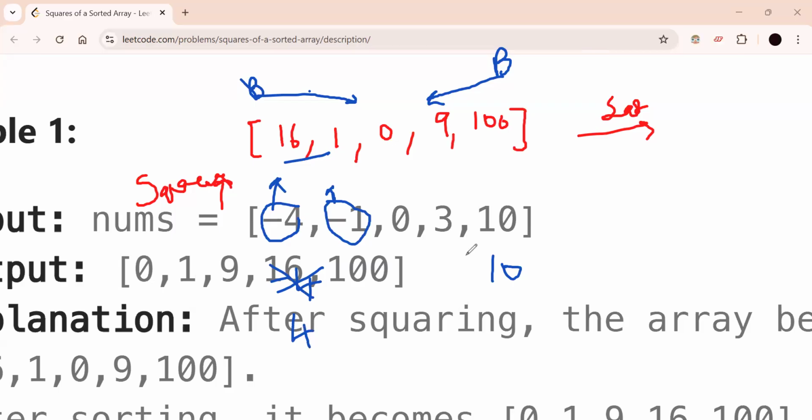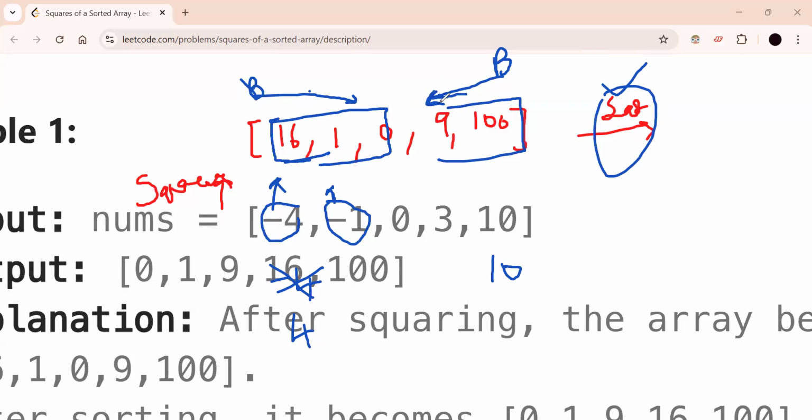So when you sort them, here we are sorting in a very simple, straightforward way. Instead of sorting, if you observe here, the elements go from big to small, towards the left side and towards the right side.